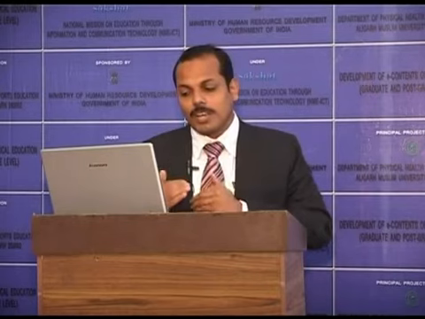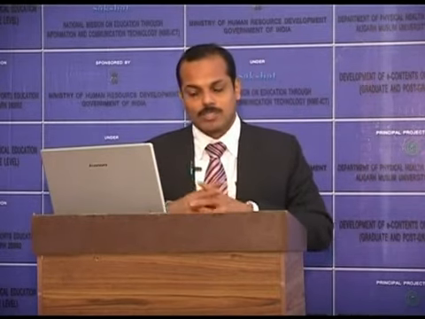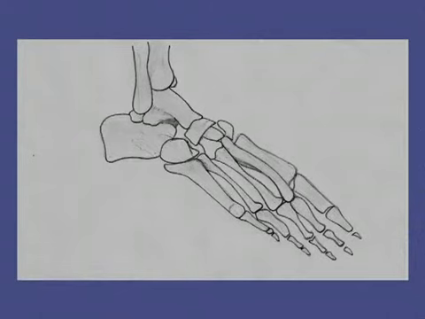The second one is the inferior or distal tibiofibular joint, also called the tibiofibular syndesmosis. And there is a middle tibiofibular joint, also called the interosseous joint or interosseous membrane. So between tibia and fibula there are three articulations: a superior, a middle, and an inferior articulation.